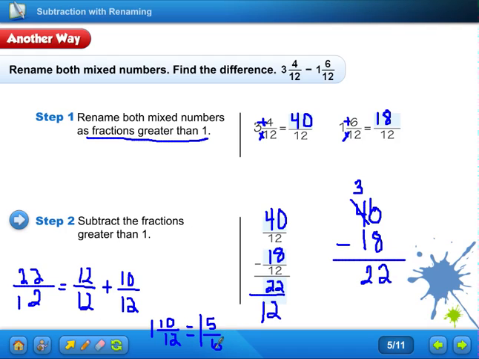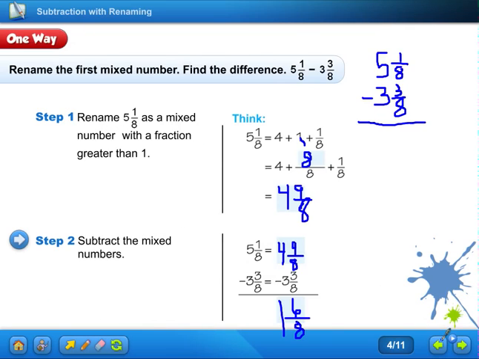There was a lot to do in that problem. But it's not too hard if you take it step by step and if you take it slowly. All right, so we learned how to subtract mixed numbers by making them a fraction greater than 1, or we could call it an improper fraction right here. And then we changed it back to a mixed number. And we also learned how to do it by renaming the fraction greater than 1.